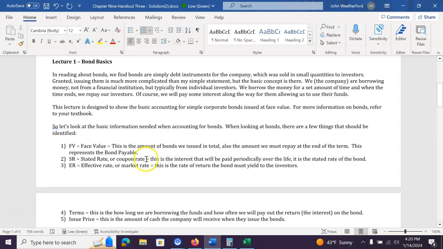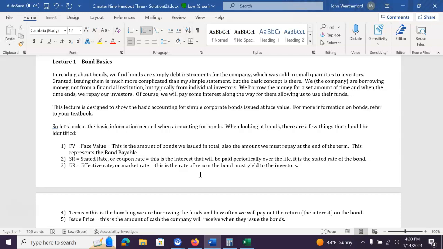The stated rate or coupon rate is the interest that will be paid periodically over the life. A lot of times that's every 6 months. The effective or market rate is the rate of return the bond must yield to the investors, or it's the rate of return that corporations with a similar credit rating would pay on bonds that they issue.